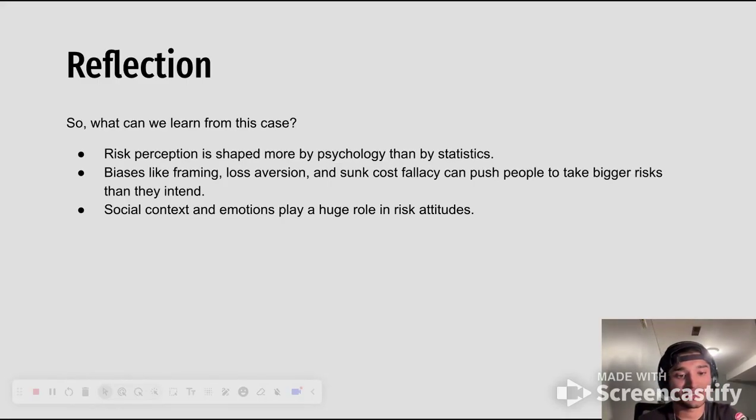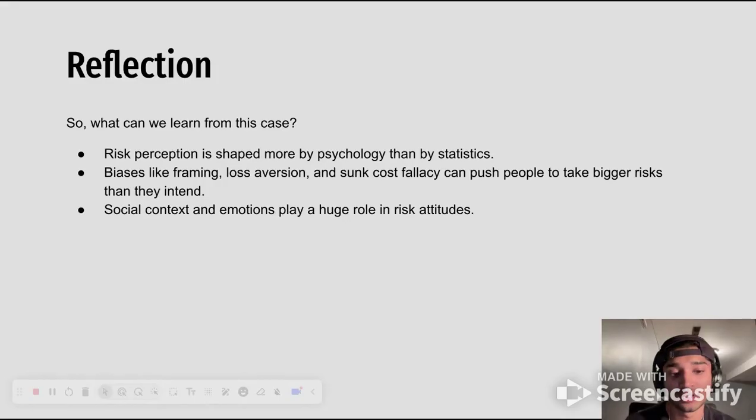So, what can we learn from this case? Risk perception is shaped more by psychology than by statistics. Biases like framing, loss aversion, and sunk cost fallacy can push people to take bigger risks than they intend. Also, social context and emotions play a huge role in risk attitudes.